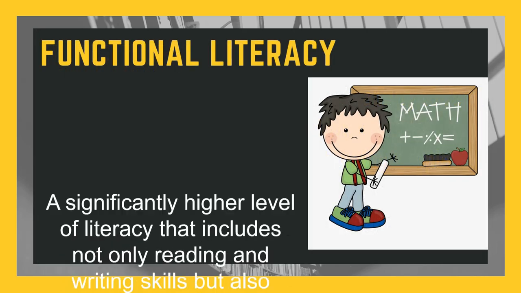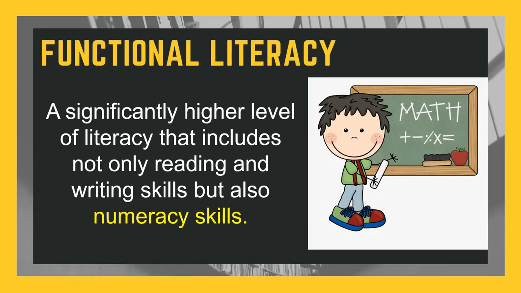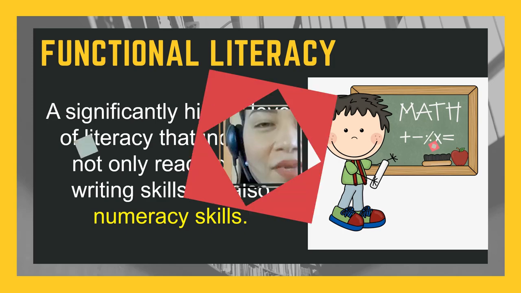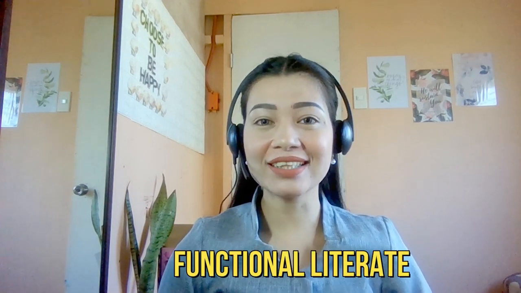functional literacy. Functional literacy refers to a significantly higher level of literacy that includes not only reading and writing skills but also numeracy skill. Meaning to say, for functional literacy, you have the ability to compute basic math problems. If you know how to add, subtract, multiply, and divide, then you can already consider yourself as a functional literate.